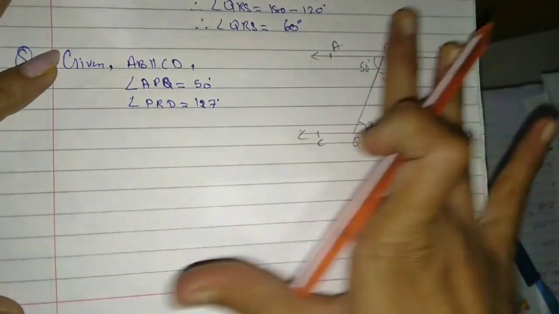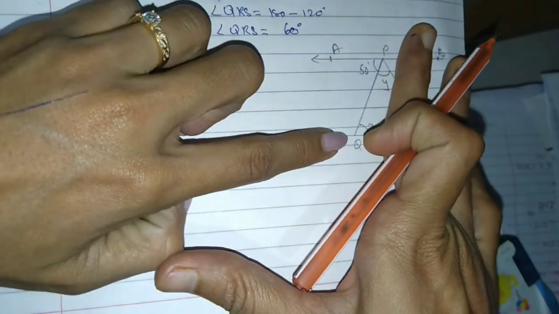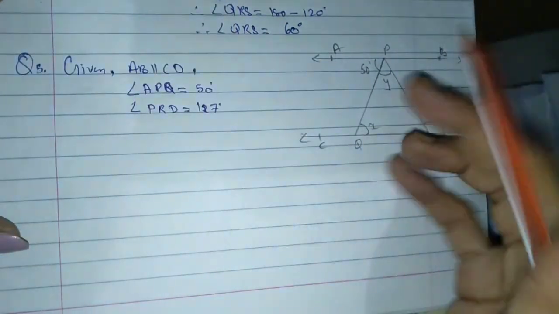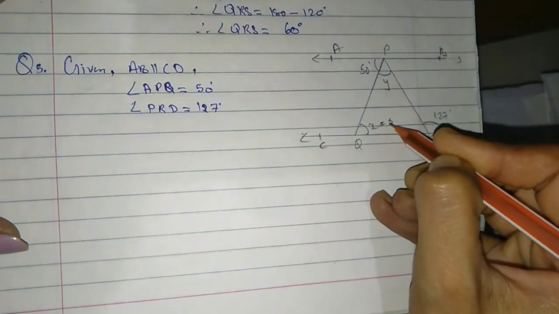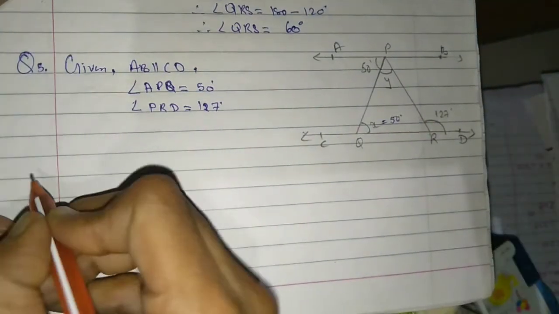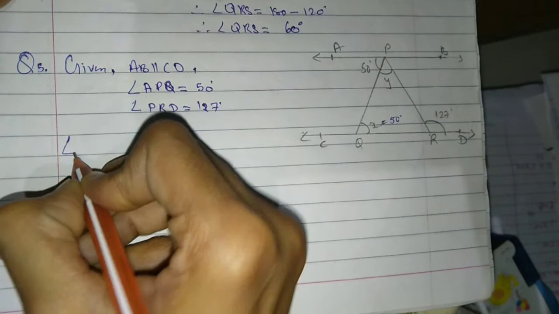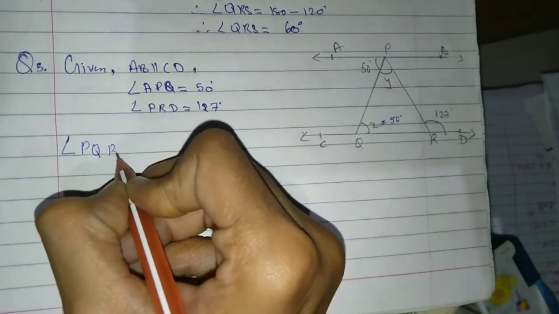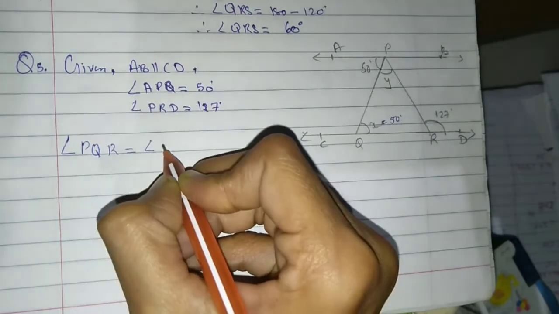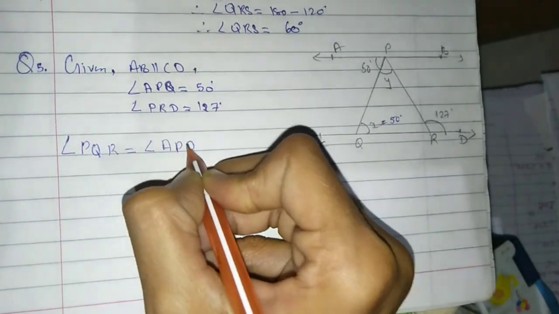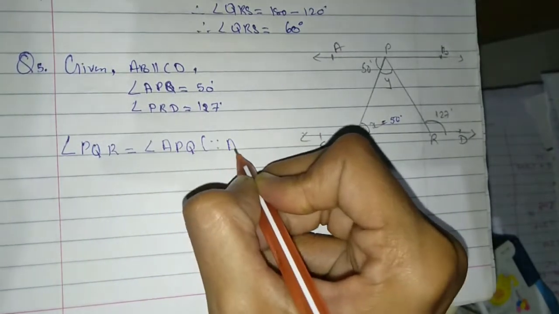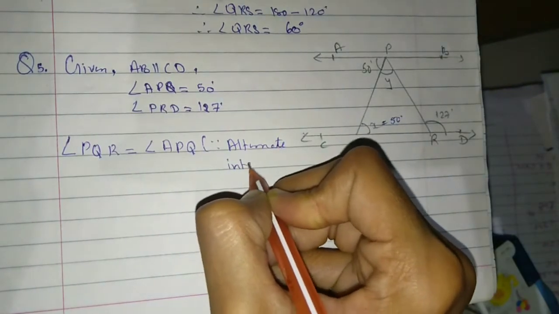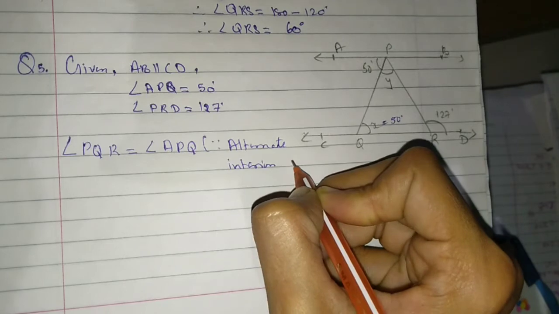Now how do we have to find out? See, now this is the transversal line PQ. If this is 50, then X is also 50 because of alternate interior angle. So angle PQR equal to angle APQ. Why? Alternate interior angle.